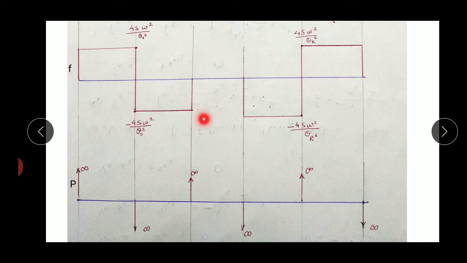Similarly, at the end of the outstroke there is a constant amount of retardation present whose magnitude is minus 4sω² upon θo². At the end of the outstroke it suddenly reaches a zero value, which is represented by a straight vertical line over here. So acceleration goes from a certain negative value to zero within no time, as it is a vertical line and the slope of a vertical line is infinity.